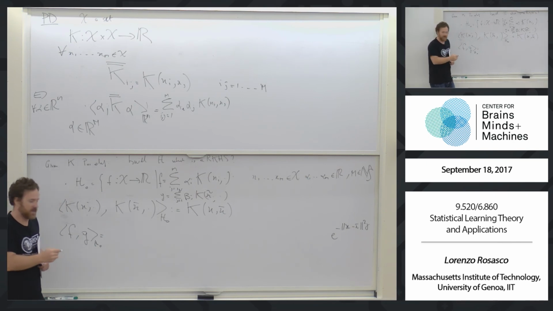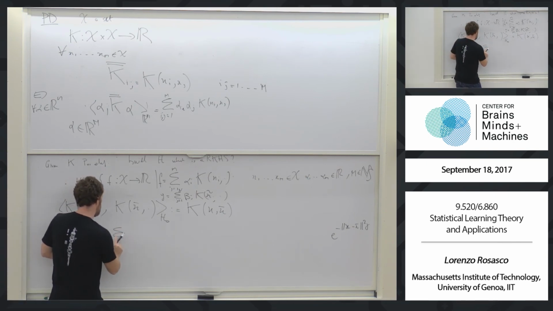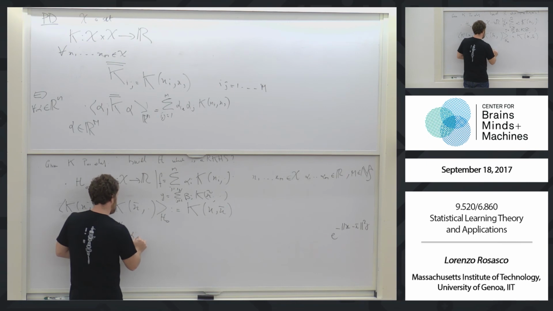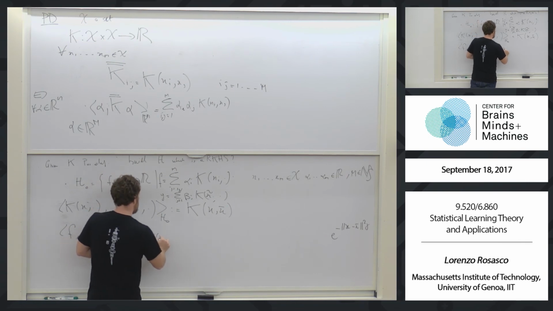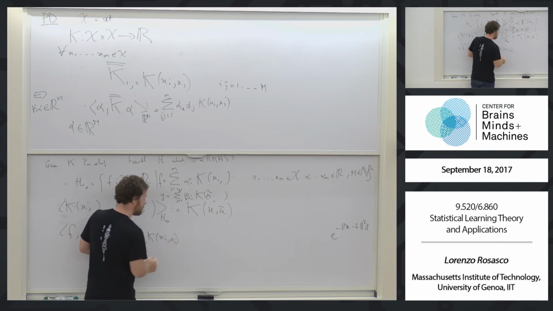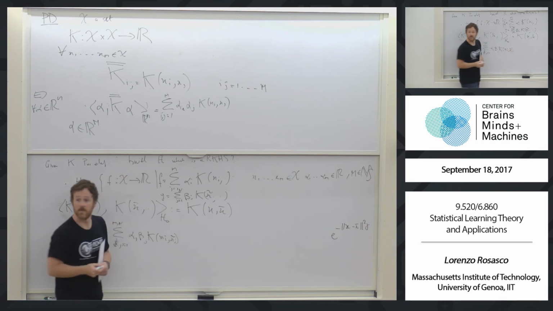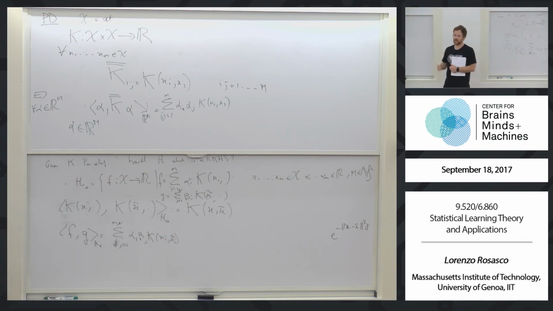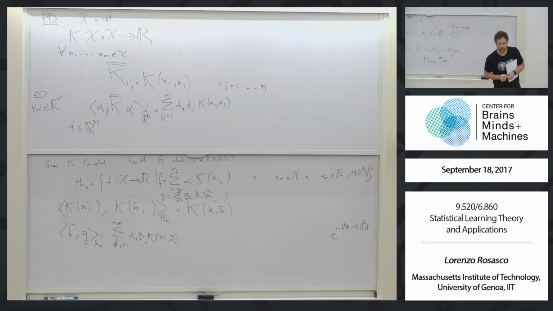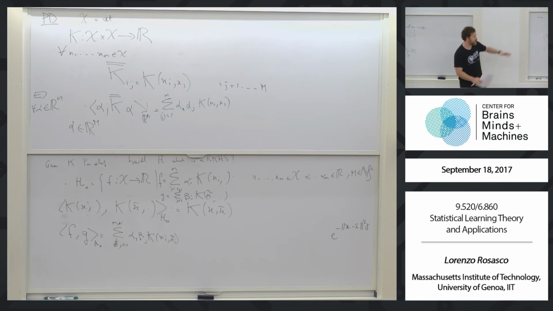You use essentially linearity, and you write the sum over i and j from 1 to m and n of alpha_i beta_j k(x_i, x̃_j). Any two functions, you can build an inner product just like this.